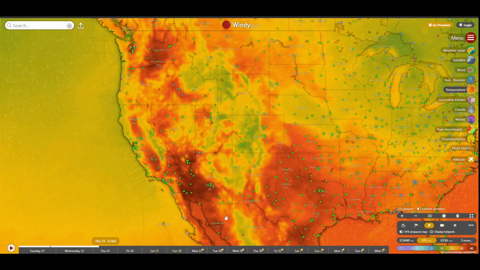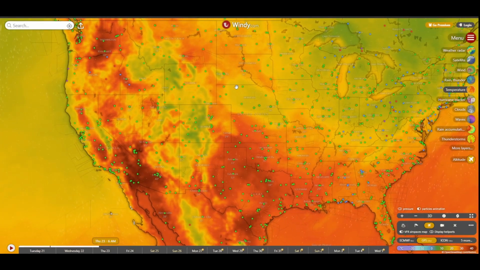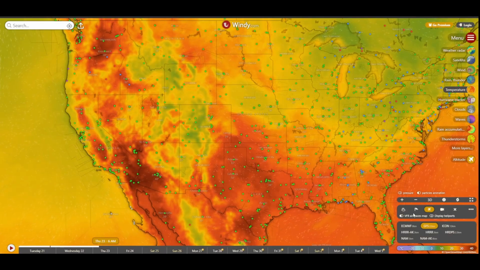The task is not just to look at two numbers, but to assess where the market threshold is relative to this spread. We use the same three sources: Windy, Weather.gov, AccuWeather, and of course the historical weather API. Windy provides access to several models. As we can see, we have a lot of models here. We use the European and the American models, as well as the runs of both models.